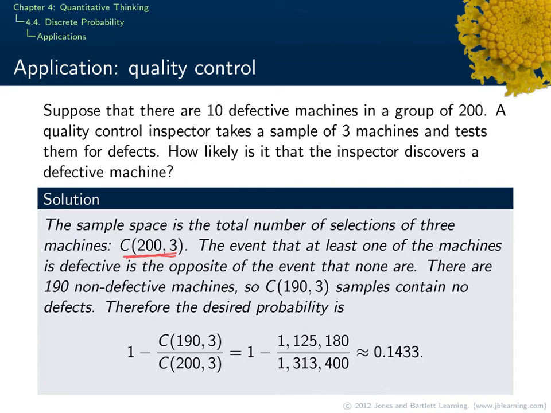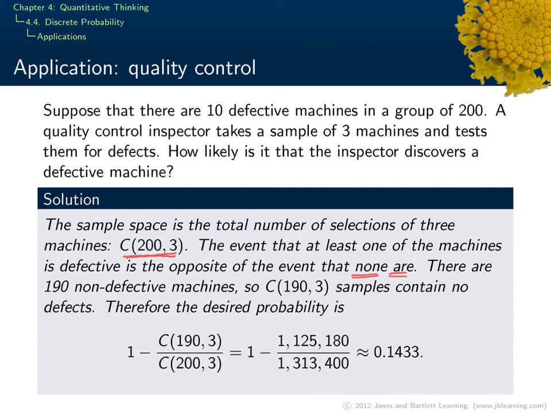Now, instead of considering the event that at least one of the machines is defective, it's easier to consider the opposite event, that none of the machines we select are defective. So there are 190 non-defective machines, and therefore, if we look at all possible selections of 3, those are the samples that contain no defects whatsoever.